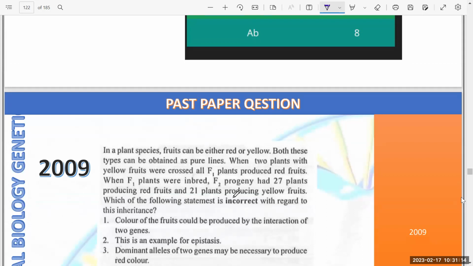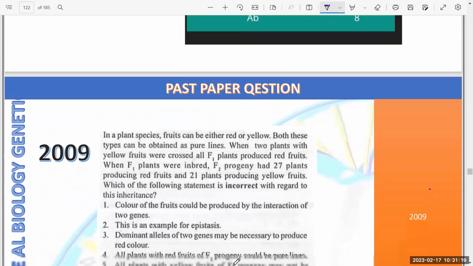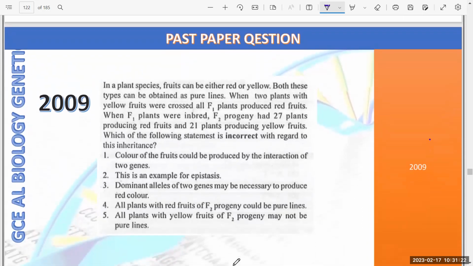Okay, next question. Again, 2009. In a plant species, fruits can be either red or yellow. Both these types can be obtained as a pure line. When two plants with yellow fruits were crossed, yellow and yellow, all F1 plants produced red fruits.